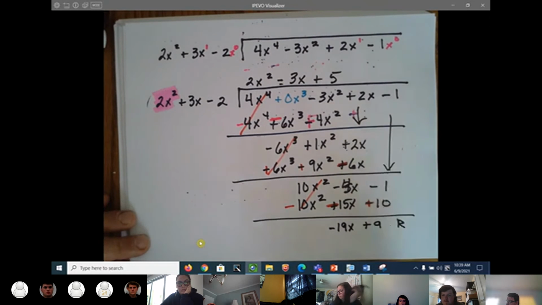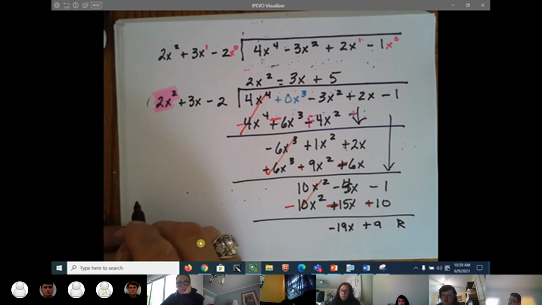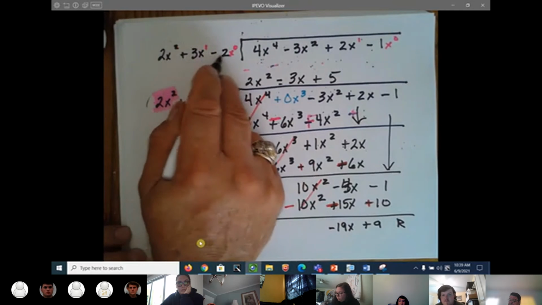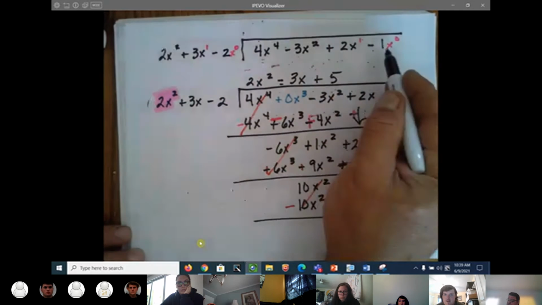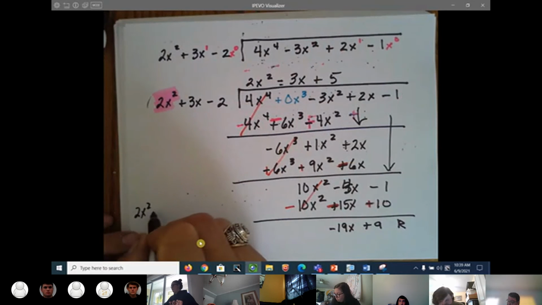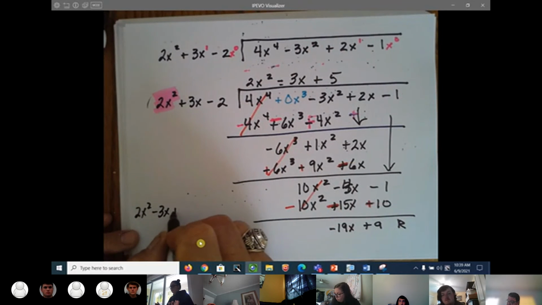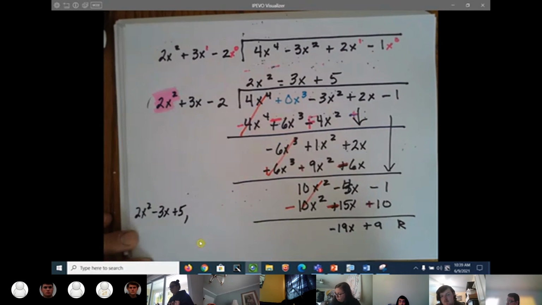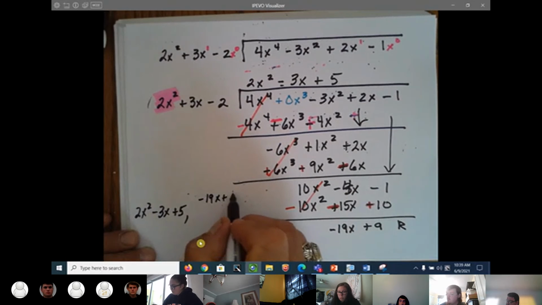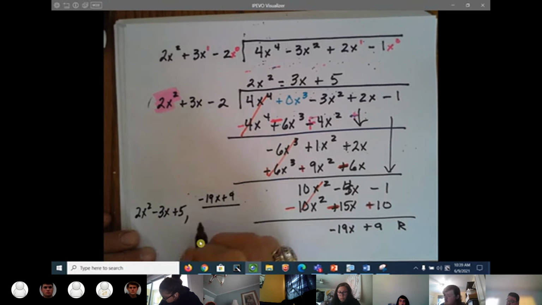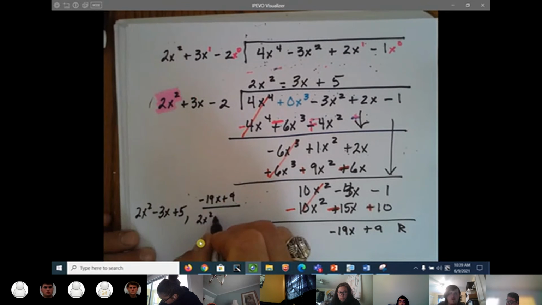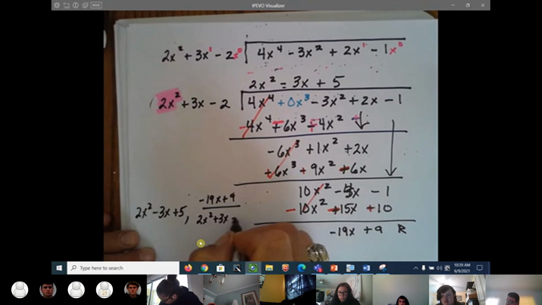And that's your remainder. So your answer is 2x squared plus 3x minus 2 will go into all this trash: 2x squared minus 3x plus 5 with a remainder of negative 19x plus 9 over 2x squared plus 3x minus 2.